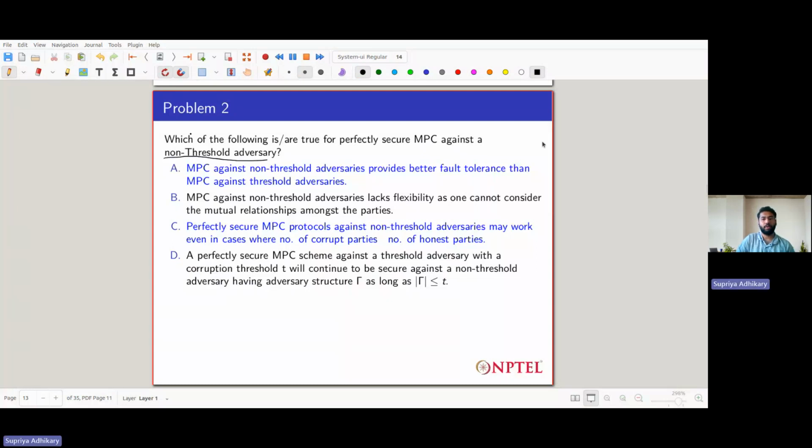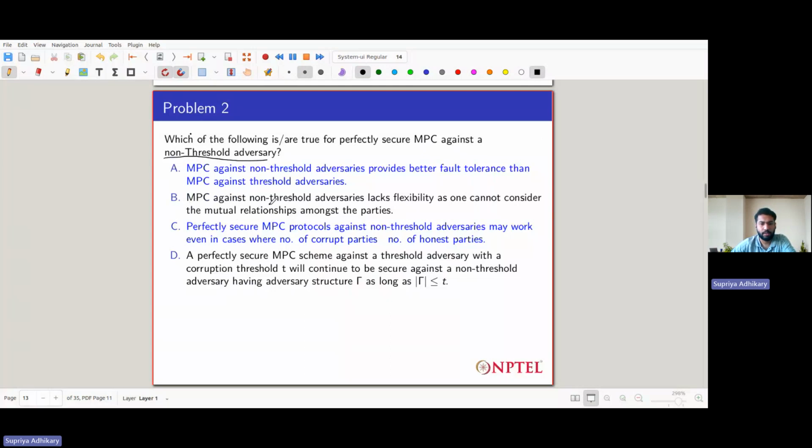In problem 2, we have to justify the statements, or say whether these statements are true or not. The first statement is that MPC against a non-threshold adversary provides better fault tolerance than against threshold adversaries.